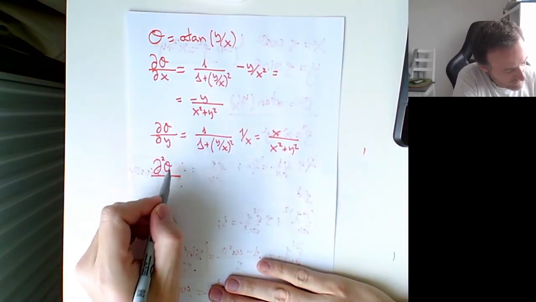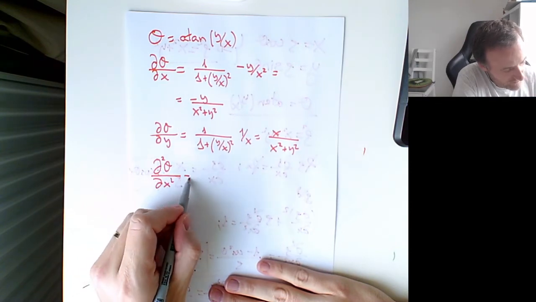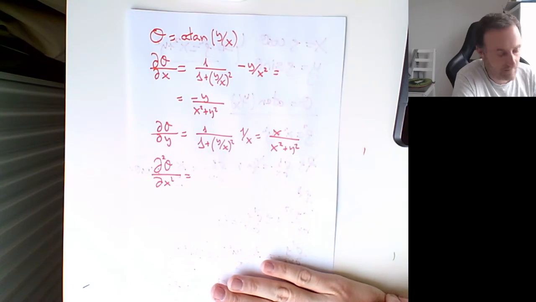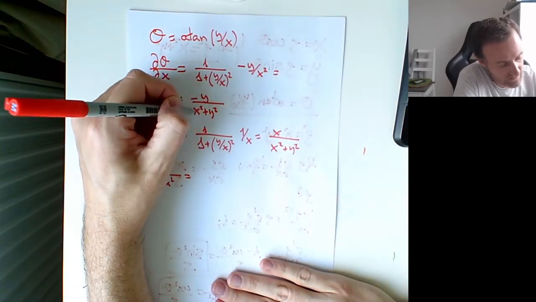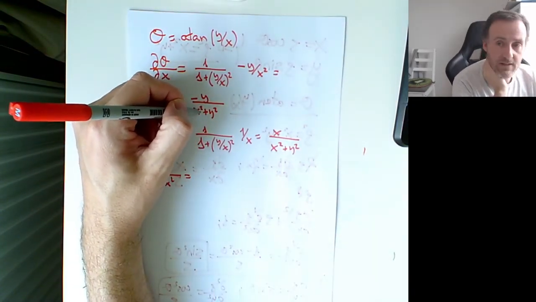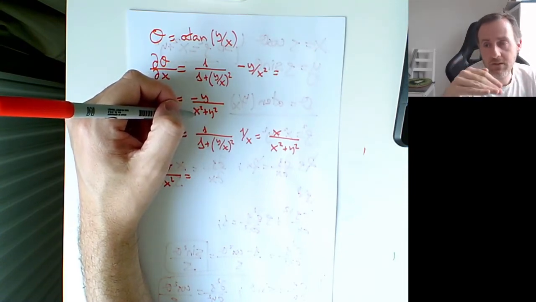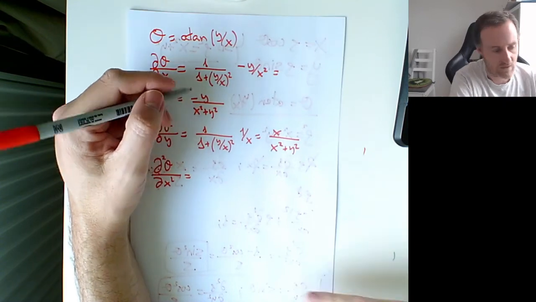the second partial derivative of theta with respect to x is what? Take this and compute the partial derivative with respect to x. Now notice that the only place where x appears is here. So the derivative is minus the derivative of the denominator divided by the denominator squared.